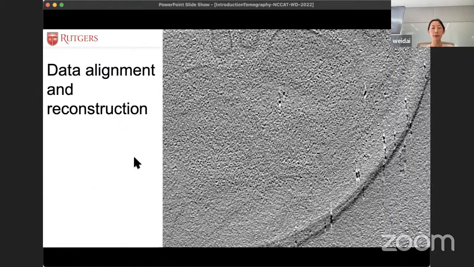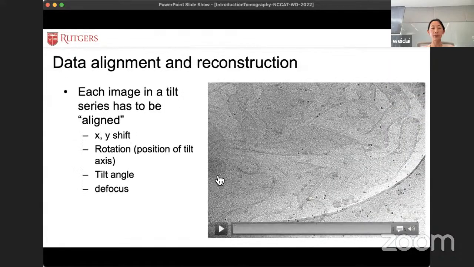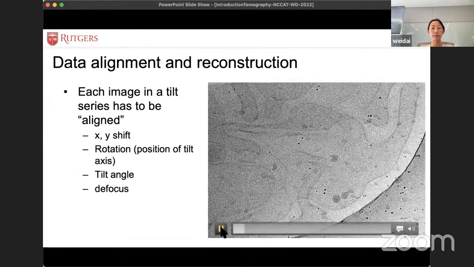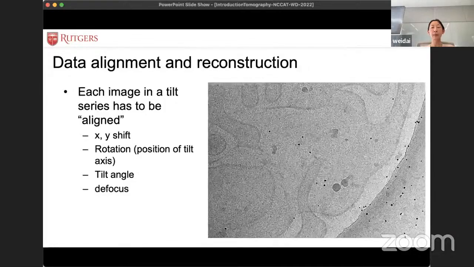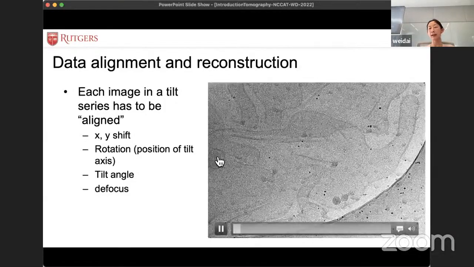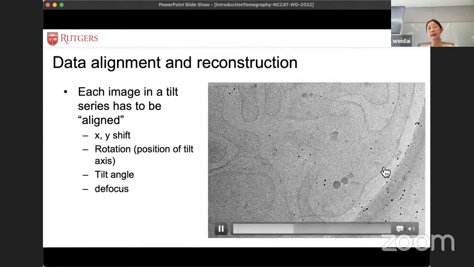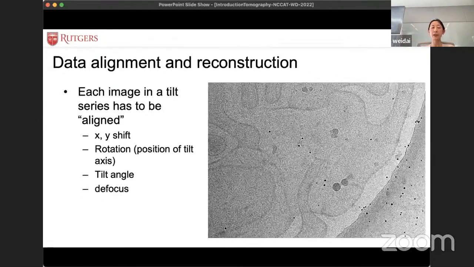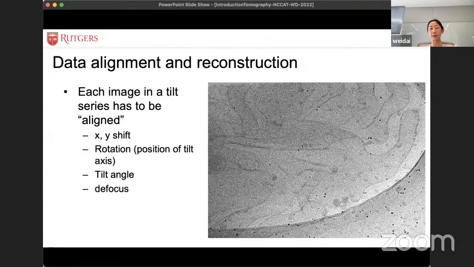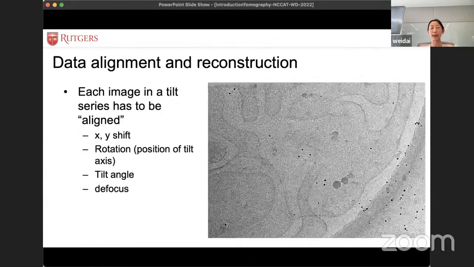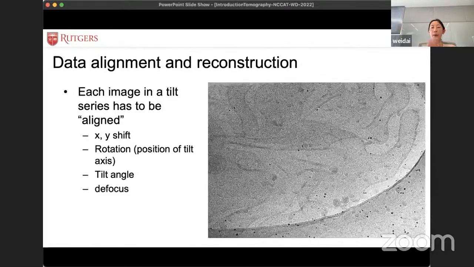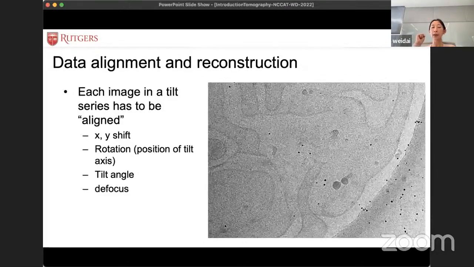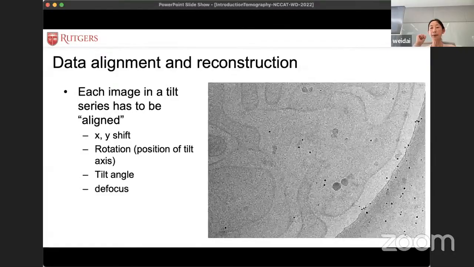And this is after. So they're not jumping around anymore. And you can see the tilting axis is better defined after we fix the slightly imperfect rotation, right? And then from this data set, you will be able to back project computationally to generate the 3D map.